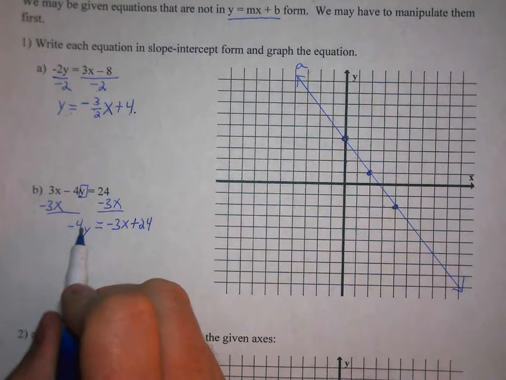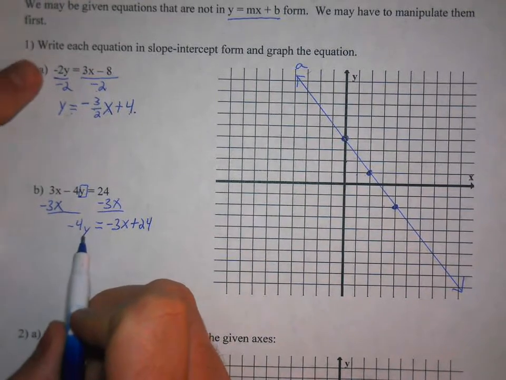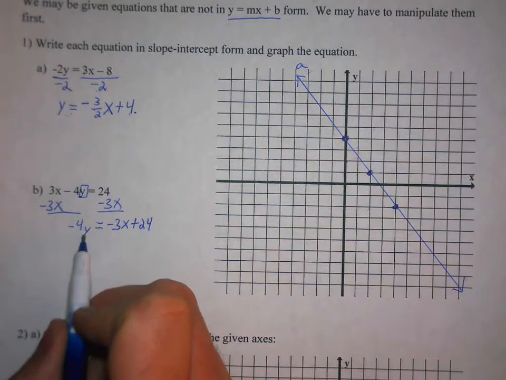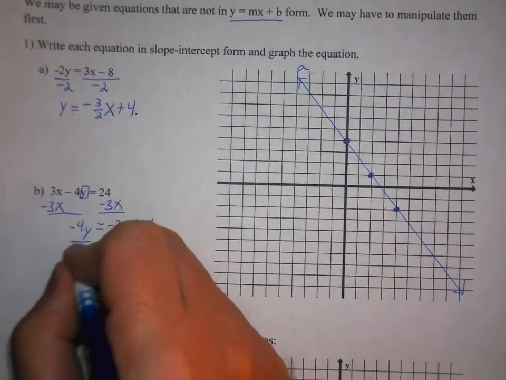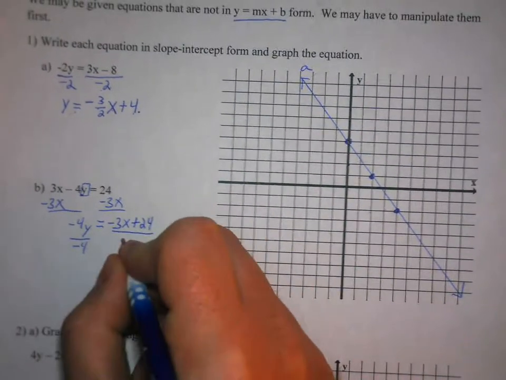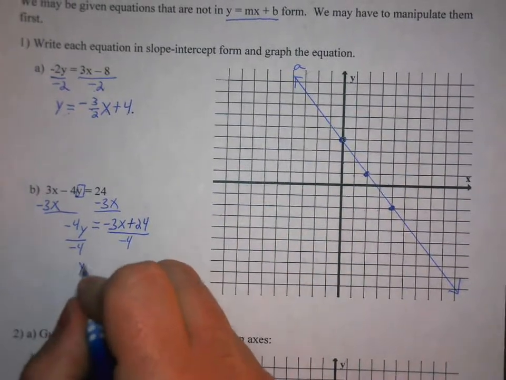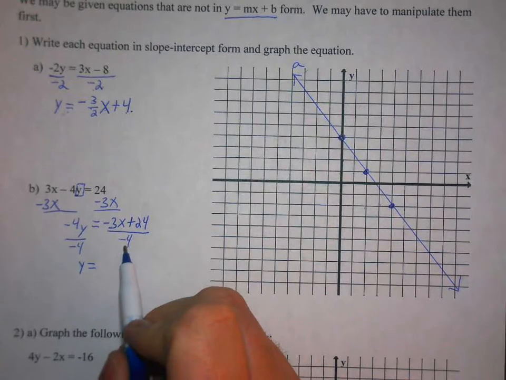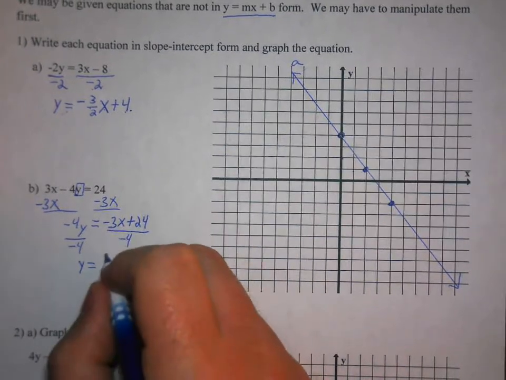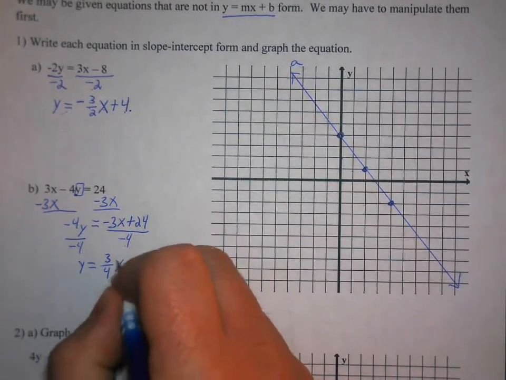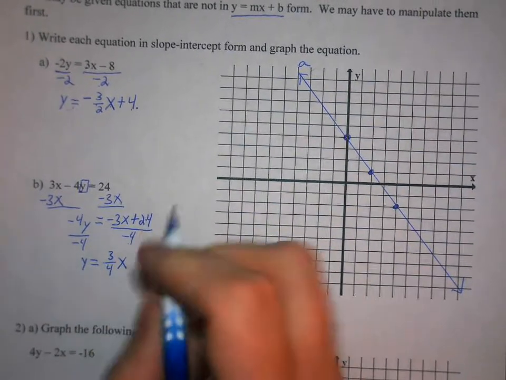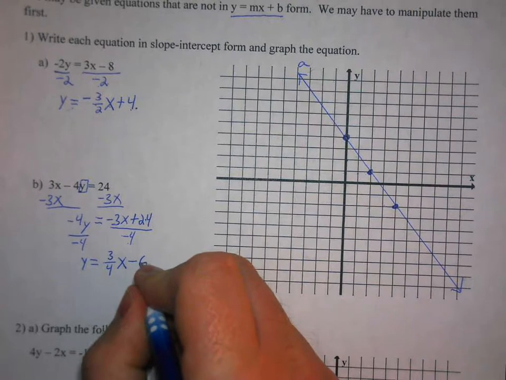And then to get rid of that -4, this equation is now like that first one where we divided by -2. Now we're going to divide by -4. And if we do that, we get y equals -3x divided by -4, which is +3/4 times x. And then 24 divided by -4 is -6.